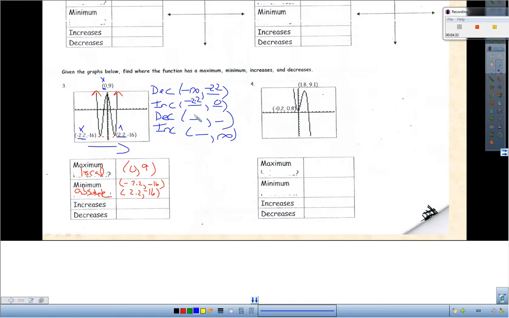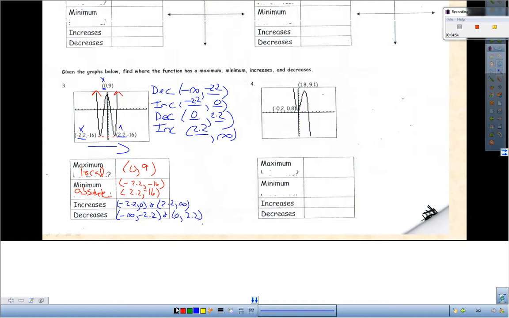The next blank will be 0. Copy it right there. The next blank will be 2.2. Copy it right there. And those are my intervals. So it's increasing from -2.2 to 0 and from 2.2 to infinity. It's decreasing from negative infinity to -2.2 and from 0 to 2.2.